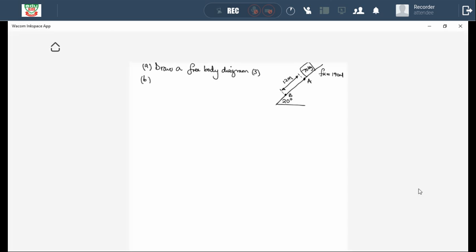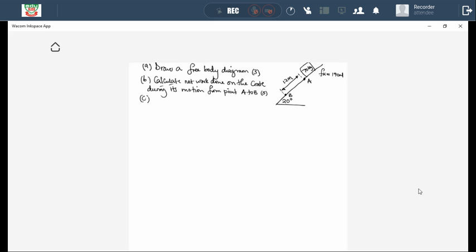Number B: calculate the net work done on the crate during its motion from point A to B, and it's 5 marks.